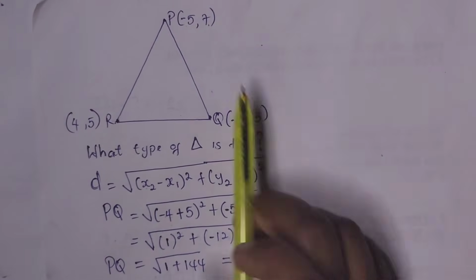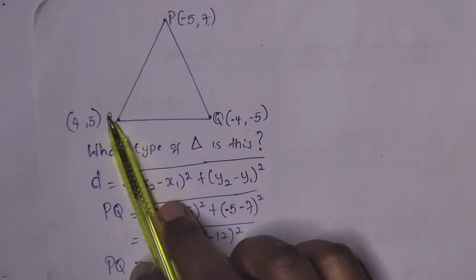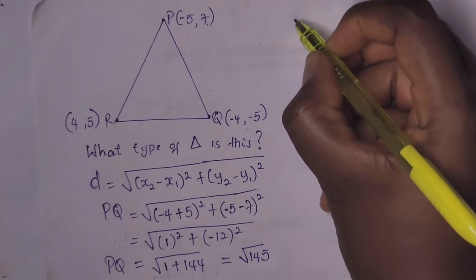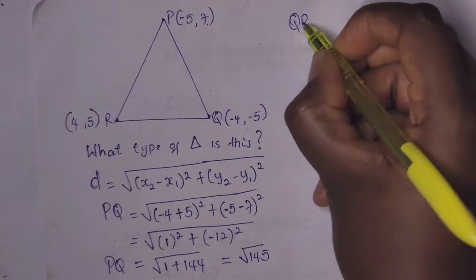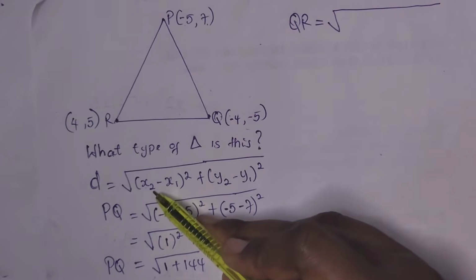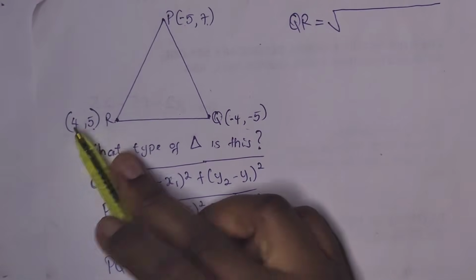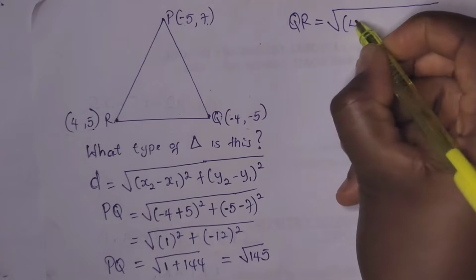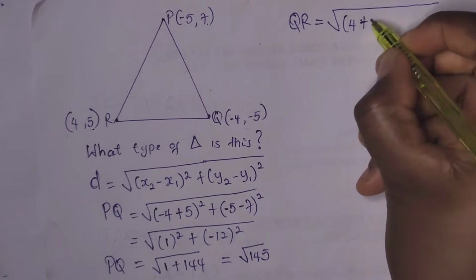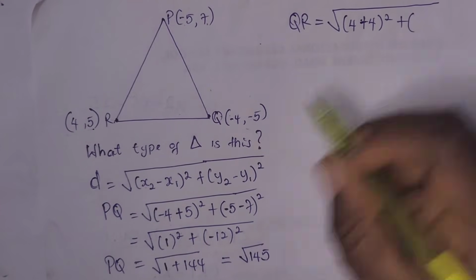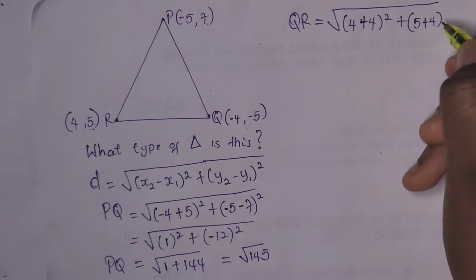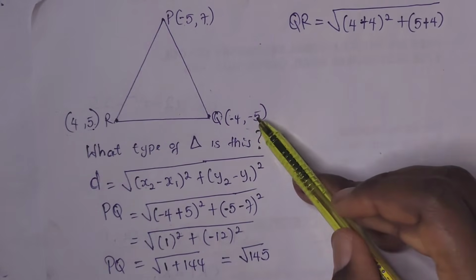So we'll be finding for line QR. So QR is equal to x2 which is 4 minus our x1 which is -4, which is plus 4, all to the power of 2, plus our y2 which is 5 minus y1 which is -5.